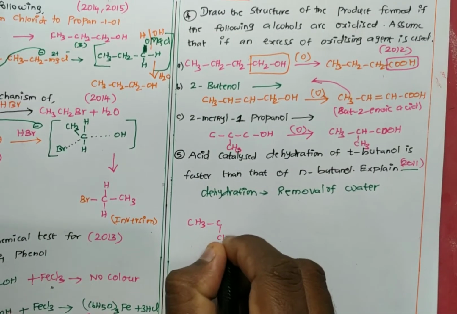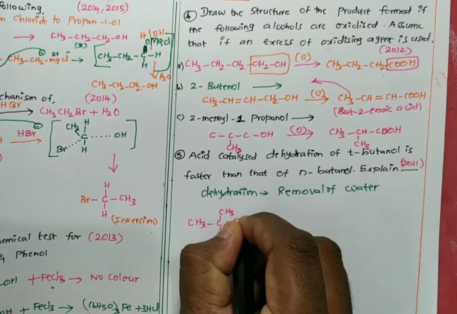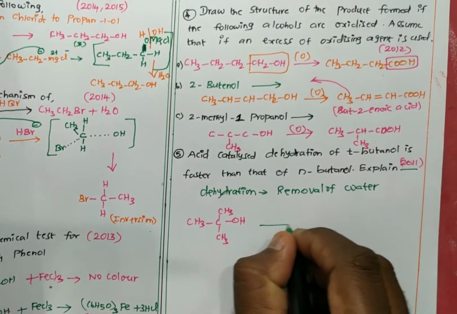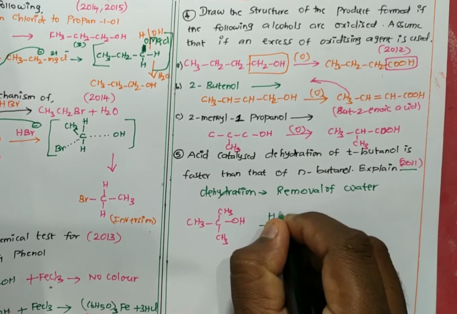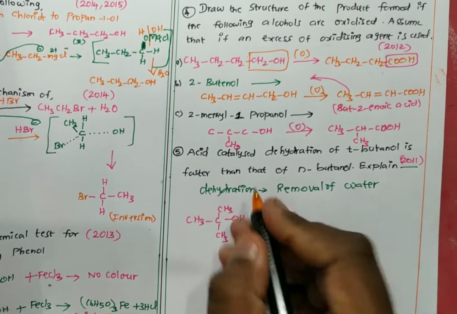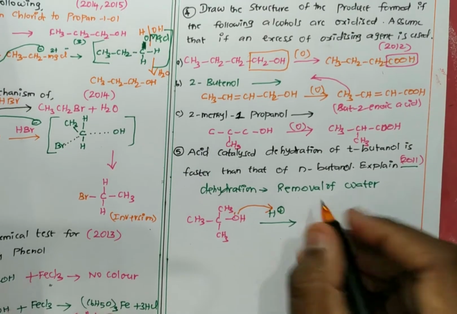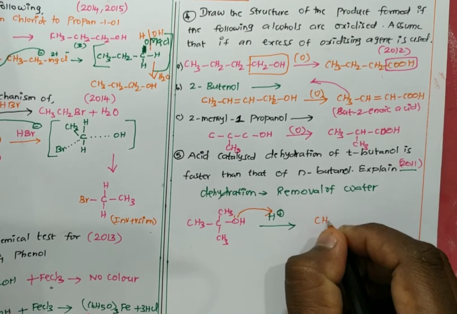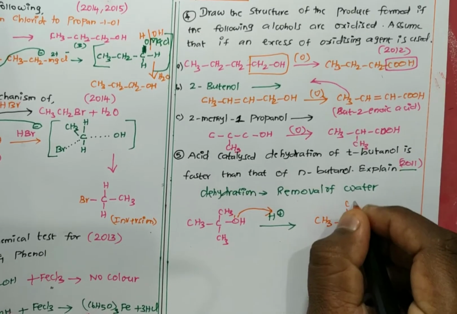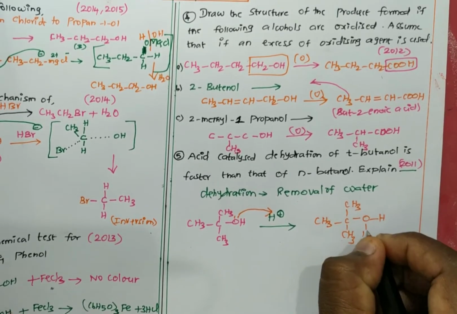This is the structure of tertiary butanol, CH3, OH. And acid catalyzed, they said, so in the presence of acid. Here the OH functional group has a lone pair of electrons, and that lone pair is donated. By that way, here CH3, C, CH3 and CH3, here OH, and one more H is getting attached.